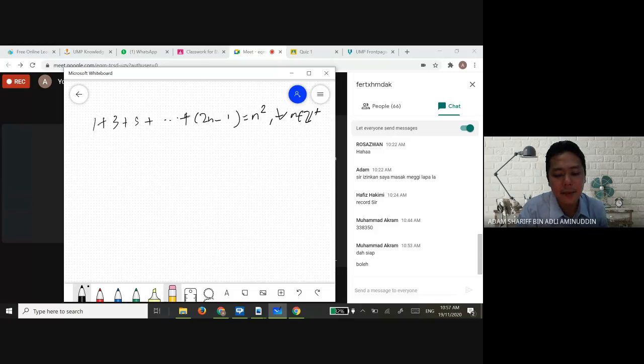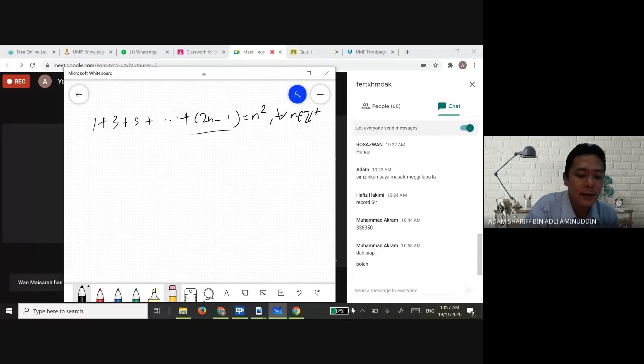Tetapi first step yang manakah adalah left hand side, n not equal to 1. First step. So left hand side, saya tulis balik yang korang nak buat. 2n-1, 2(1) - 1 equals to 1. Left hand side. For the right hand side, n not equals to 1. This time is n squared.